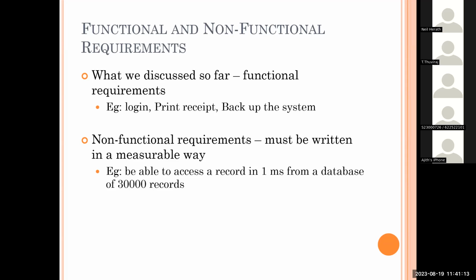So those requirements in software engineering we call non-functional requirements, but they must be written in a measurable way. Saying the system must respond very fast cannot be measured. So it cannot be verified, and you cannot also make sure that it happens that way. Therefore, you have to write it in a measurable way. Like, for example, be able to access a record in 1 millisecond from a database of 30,000 records.